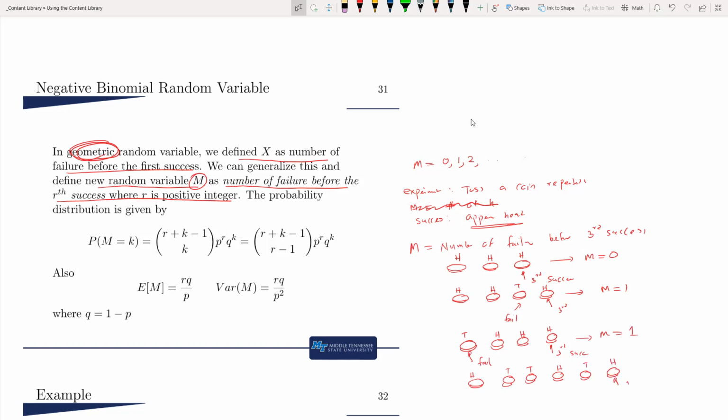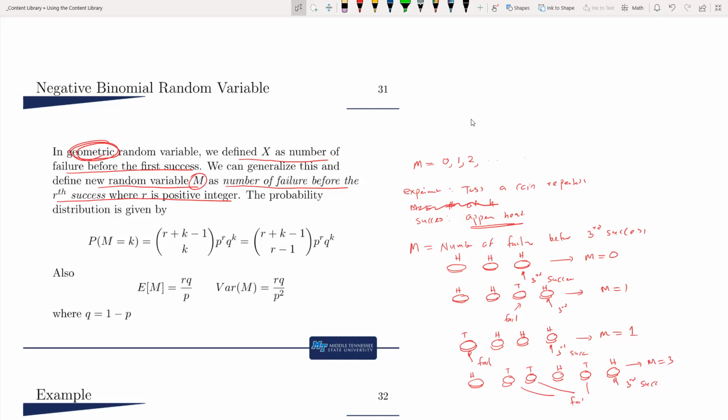So this is our third success, but you have failures 1, 2, 3. So in this case, M is 3. So M can be 0, 1, 2, 3, and so forth. It is countably infinite, so the support of this random variable is countably infinite.